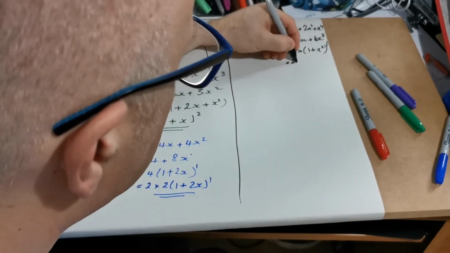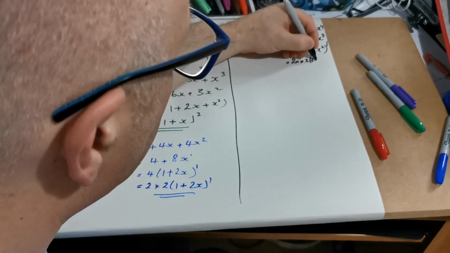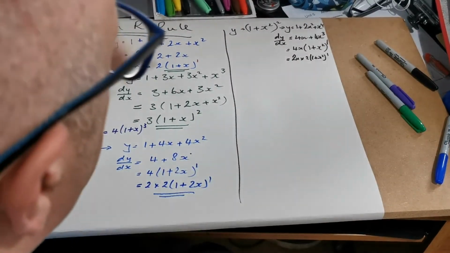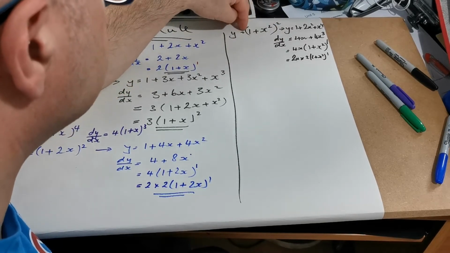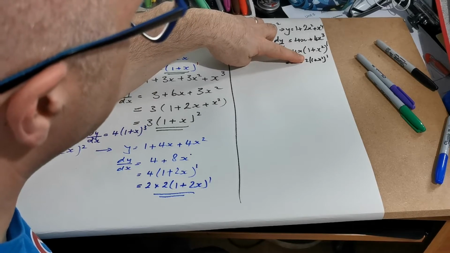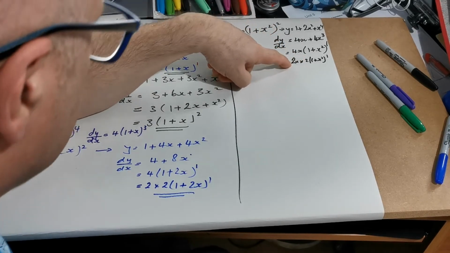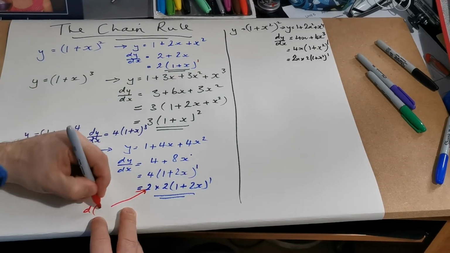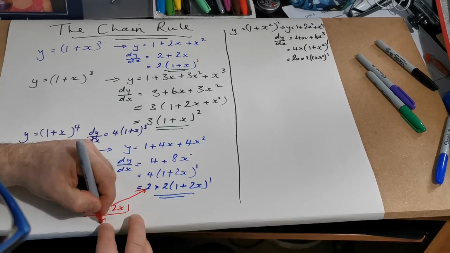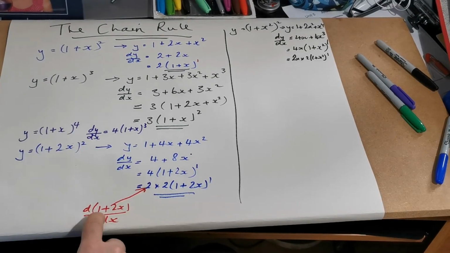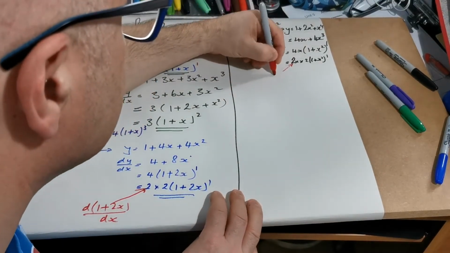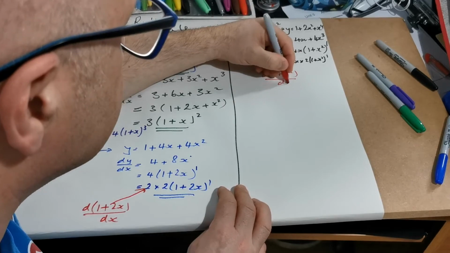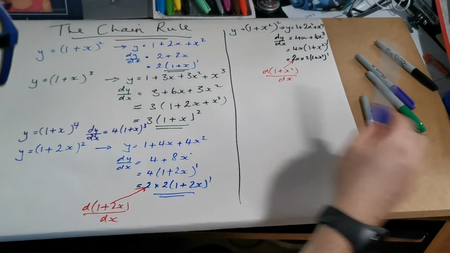So that would be 2x times 2(1 plus x squared) to the 1. So reduce the power by 1 to make it a 1, times by the whole power to put a 2. That gives us that. We've also multiplied by 2x, where in the previous case it was multiplying by 2. What you'll notice is that this is 1 plus 2x differentiated, and this is 1 plus x squared differentiated. So you multiply by the differential of the inside of the bracket.